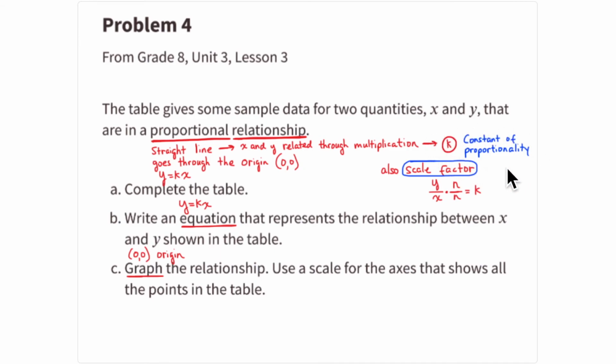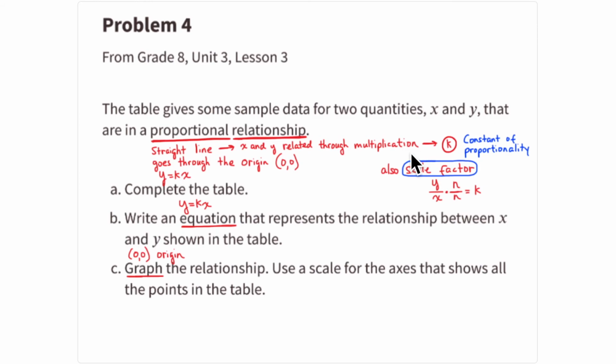It's a lot to think about, but once you have a picture of what's going on, you can begin to just see it. So y equals kx is the equation, and that constant of proportionality is the factor that forms that proportional relationship between the value of x and the value of y. It goes to the origin. If you have 0 of one quantity, then you have 0 of the other quantity.